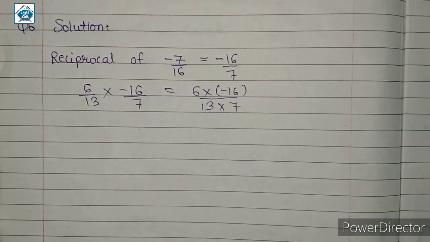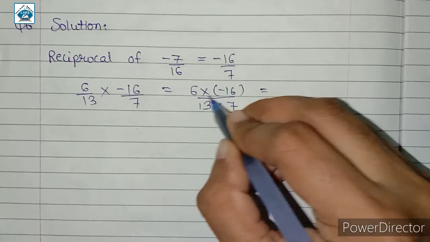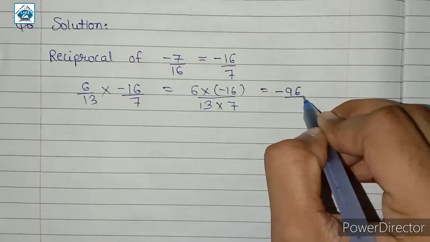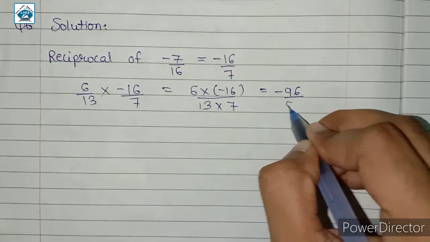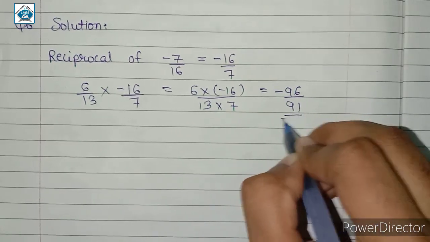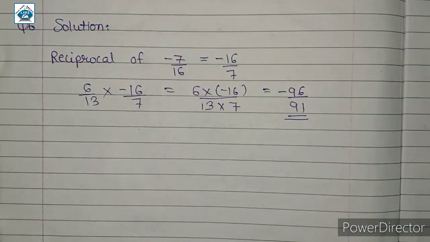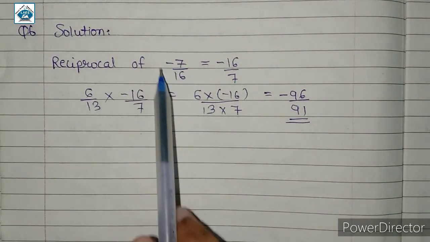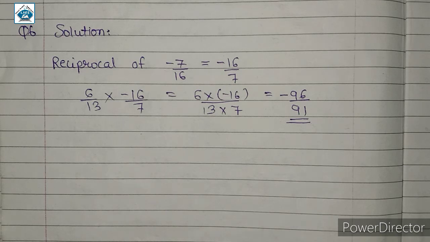We know that 6 multiplied by 16 is equal to 96. So 6 multiplied by minus 16 will be minus 96 and 13 sevens are 91. So when we multiply 6 by 13 with the reciprocal of minus 7 by 16, we get the answer minus 96 upon 91.